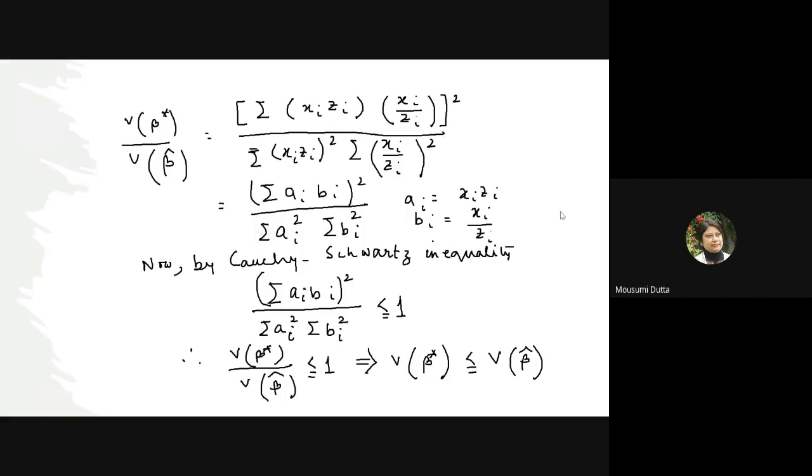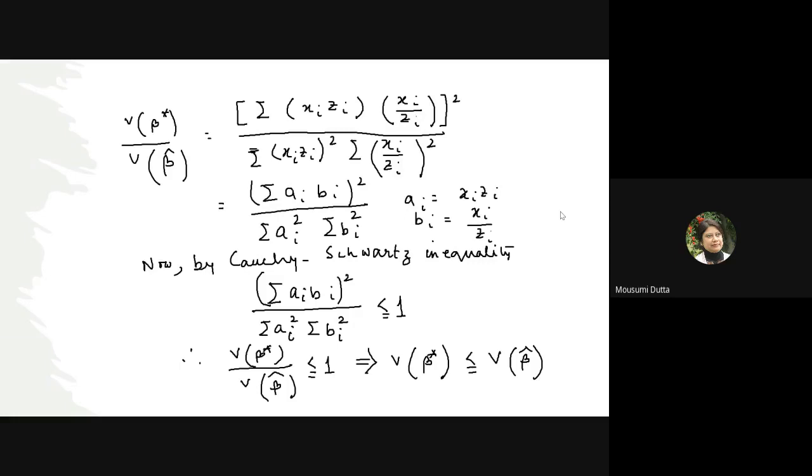Thus, the weighted least square technique is considered a remedial method to obtain the best linear unbiased estimator in the presence of heteroscedasticity. If it is detected that there is heteroscedasticity, applying this technique, we can derive the best linear unbiased estimators for the unknown parameters of the regression model.